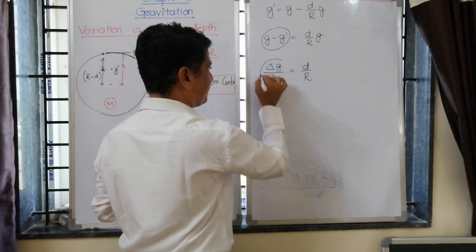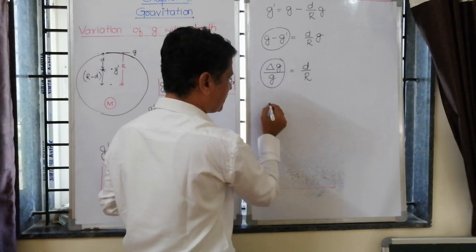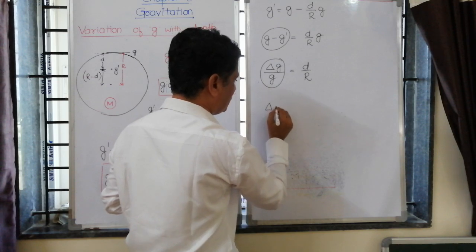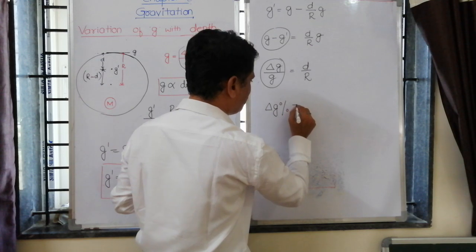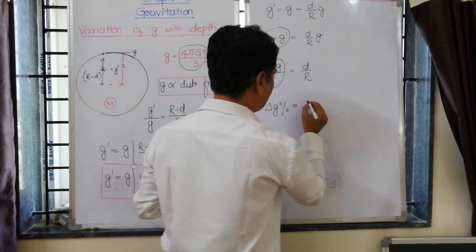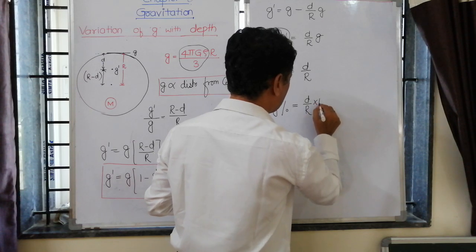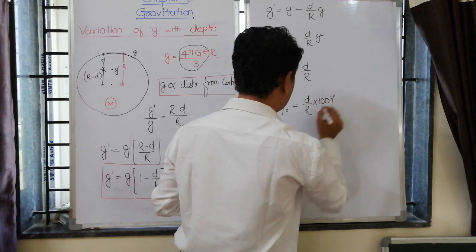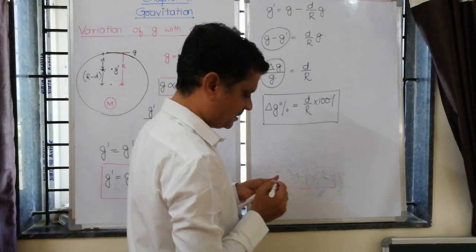Now this is nothing but the fractional change in g. If I multiply by 100, you get the percentage change. Therefore finally I can write the percentage change in g is equal to d by r into 100.